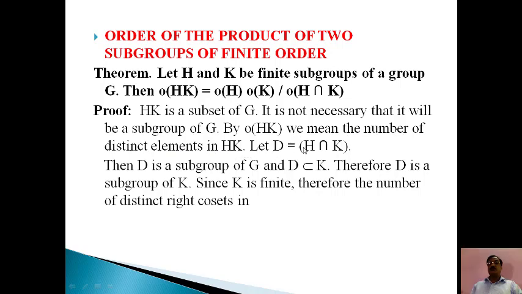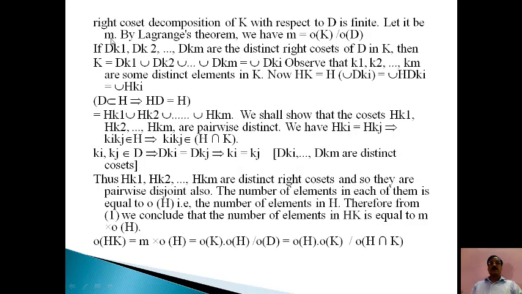Let D equal H intersection K. D is a subgroup of G and D is a subset of K. Therefore, D is a subgroup of K. Since K is finite, the number of distinct right cosets in the right coset decomposition of K with respect to D is finite. Let it be m.